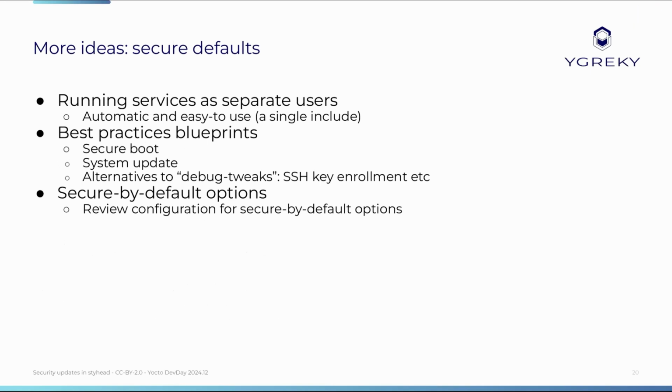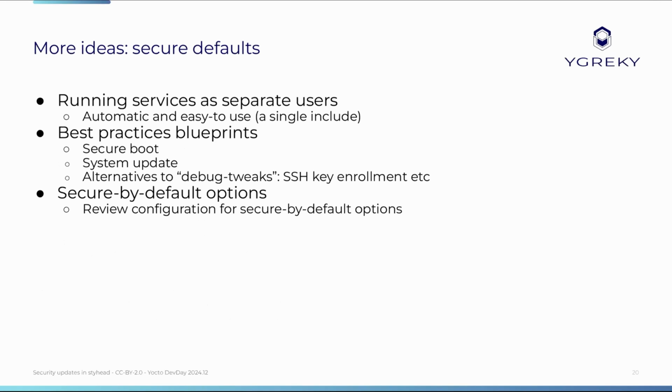On the secure default side, I would like to see a possibility to run services easily as separate users. By easy, I mean you add a single include and it's done.